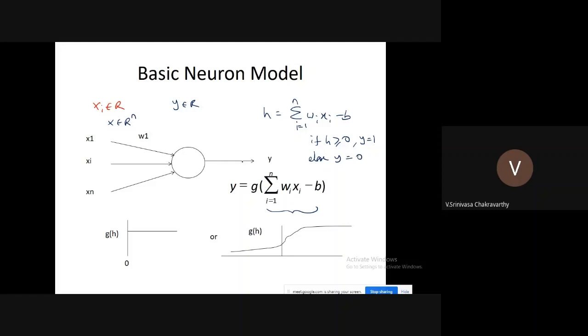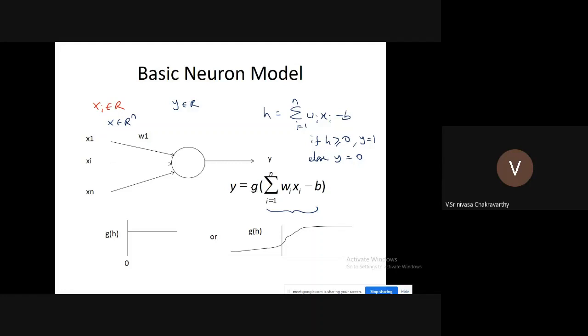Right, so that's what the neuron is doing. All this has some biological motivation from the real properties of a neuron, but let's not worry about that. Now, for you to have this kind of a function, what kind of function gives you this property? If the argument is positive, output is 1, argument is negative, output is 0.